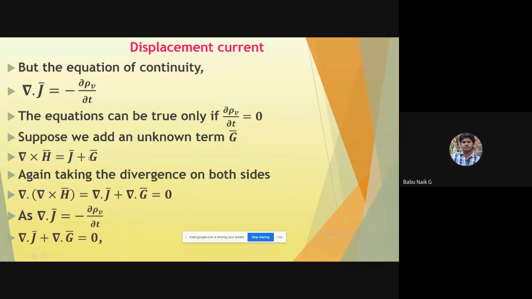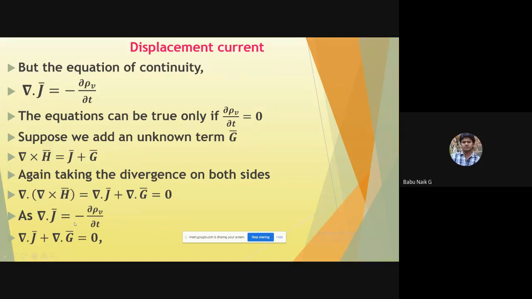So I am adding one more term, G bar, which is extra. Now, similarly, take the divergence on both sides of this equation, so del dot del cross H bar is equal to del dot J bar plus del dot G bar, which is equal to 0 here, since the divergence of a curl is equal to 0.